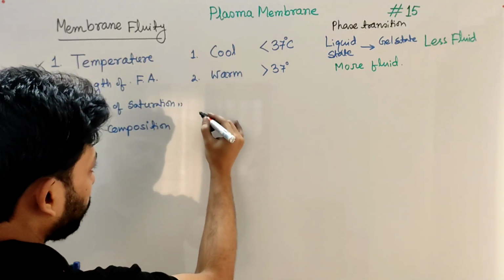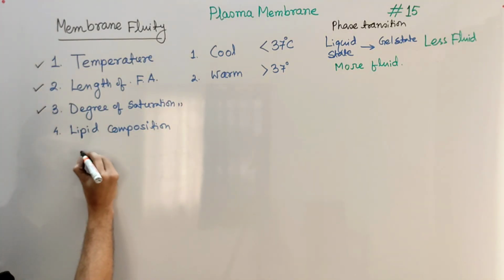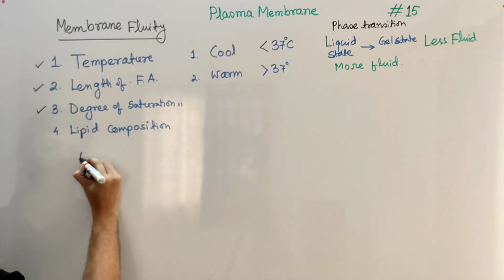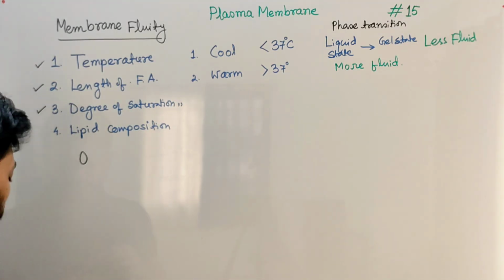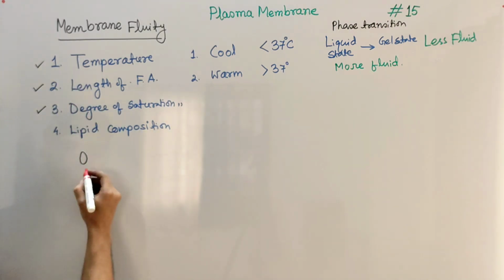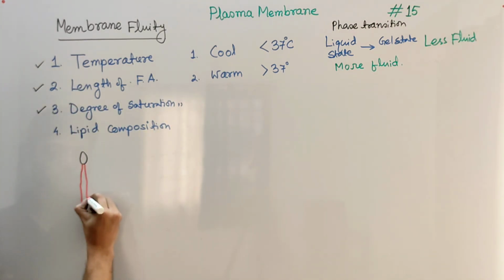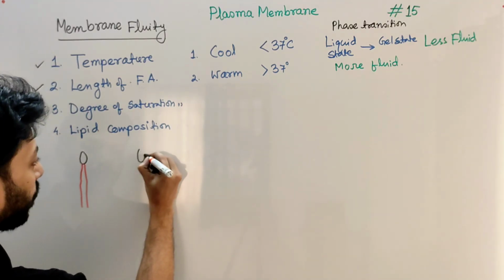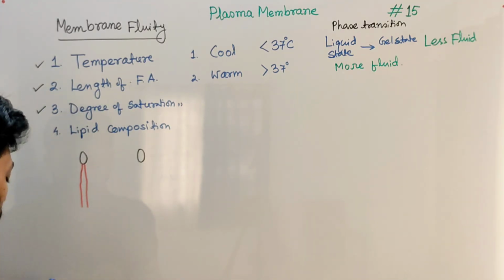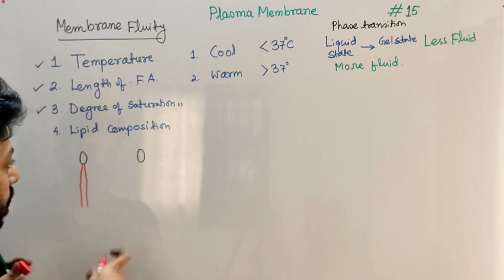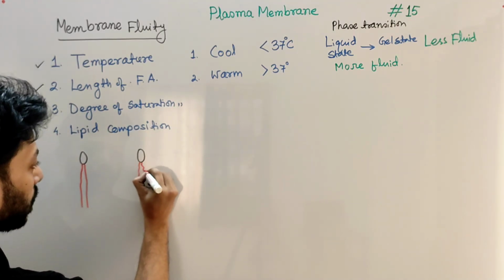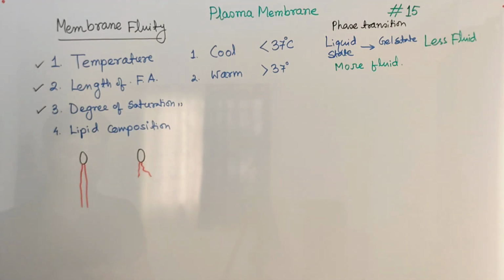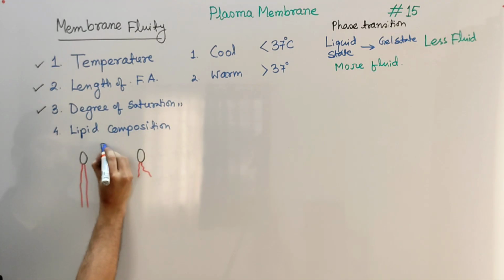Let's suppose there are 2 types of lipid molecules present in the membrane. This is the head group of the lipid, and let's suppose the fatty acid chains look like this. There is another type of lipid molecule present that has the same polar head group, but the fatty acid chains look like this. Let's suppose this is the example of one phosphoglyceride like phosphatidylcholine.